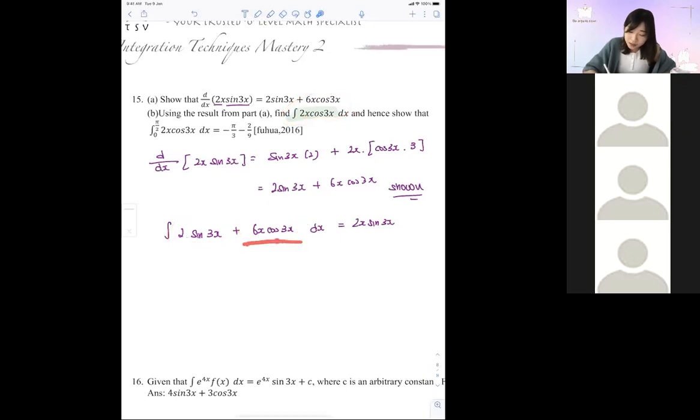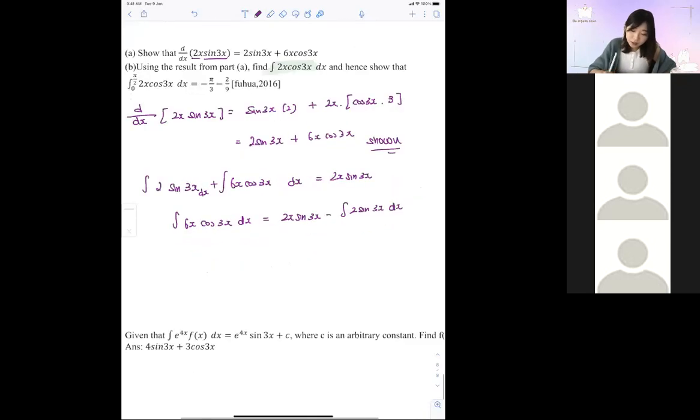So I make this the subject, but before I can make this the subject, I need to split. Okay, split it up first. Plus, bring over minus. So integrate 6x cosine 3x minus integrate 2 sine 3x.